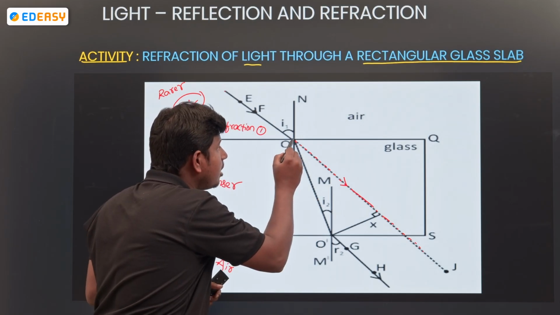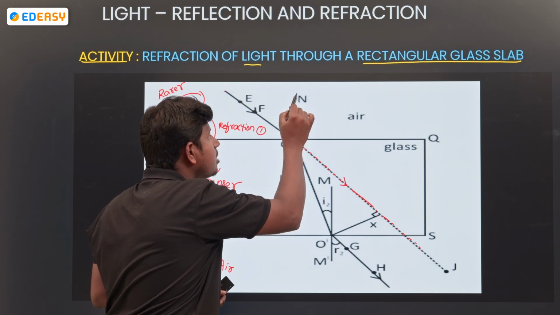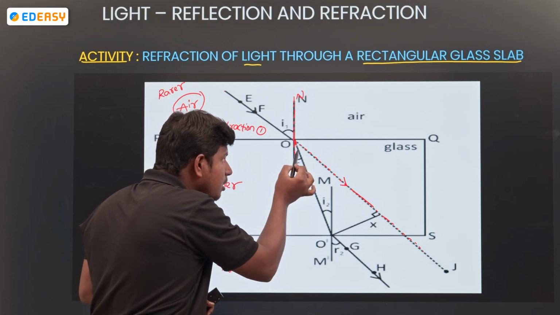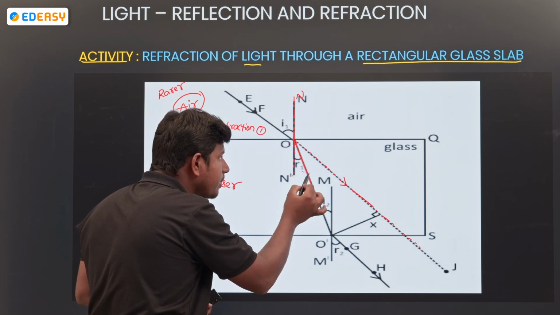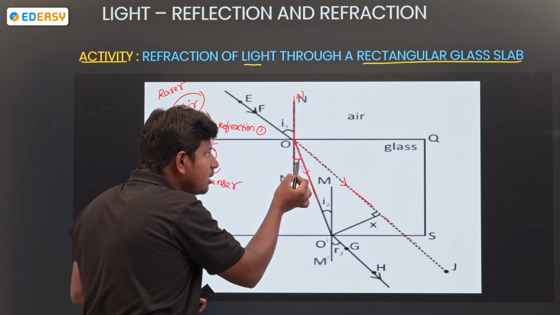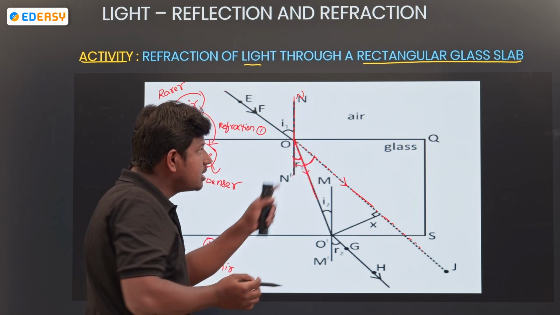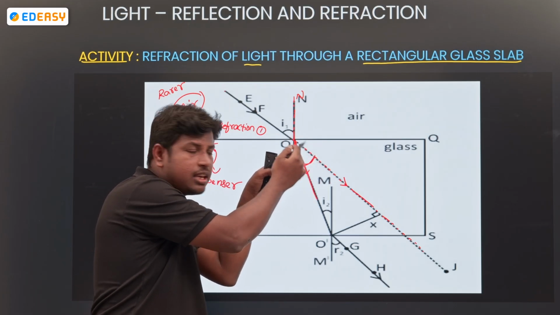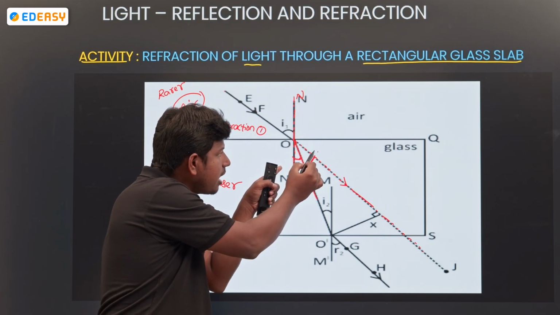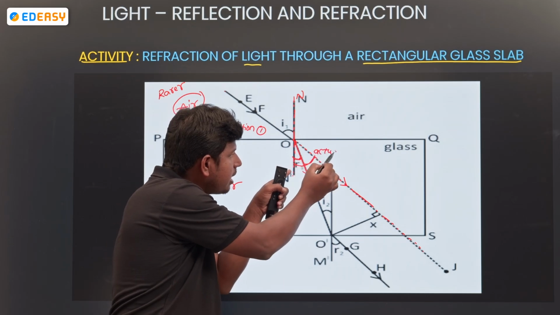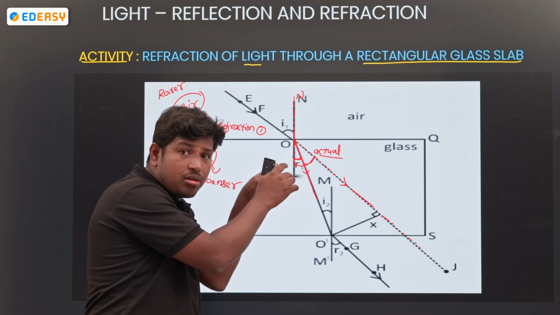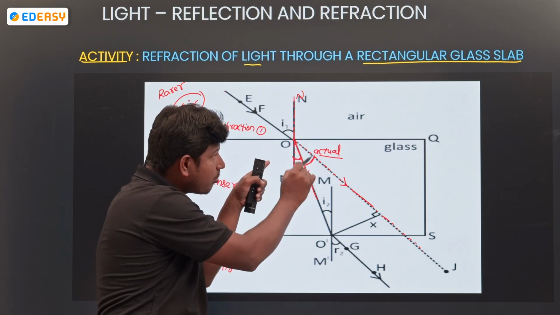Draw a normal. See, it is bending towards the normal. Look at this angle and this angle. This angle is more. This is the actual direction of the light ray, but whenever it enters the other medium, it bends towards the normal.